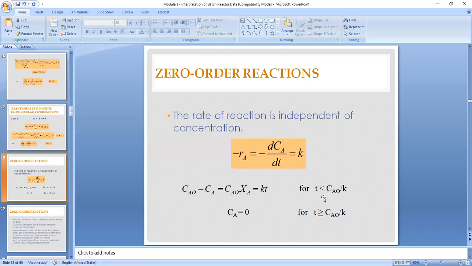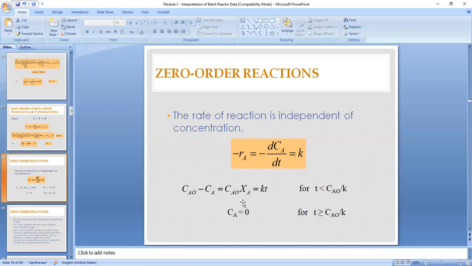If the time given in the problem is less than the computed CaO divided by K, this should be the formula that you will use. If the time given is greater than or equal to CaO over K, automatically, class, your answer for the concentration of A left is 0.